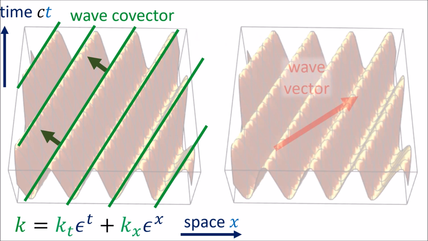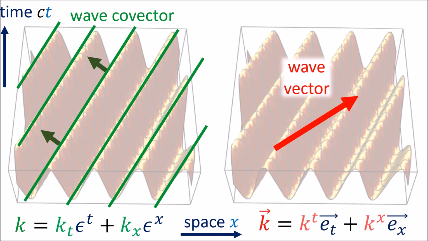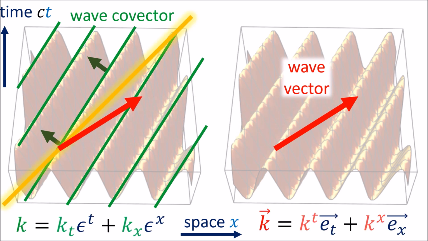The corresponding wave vector k is a vector that points in a direction orthogonal to these surfaces, where this is the Minkowski or Lorenz definition of orthogonal, so the direction of the vector is reflected in the diagonal line representing a beam of light. So when we compare the directions of the covector surfaces and the wave vector, they are mirror images of each other reflected along a diagonal line that represents a beam of light.